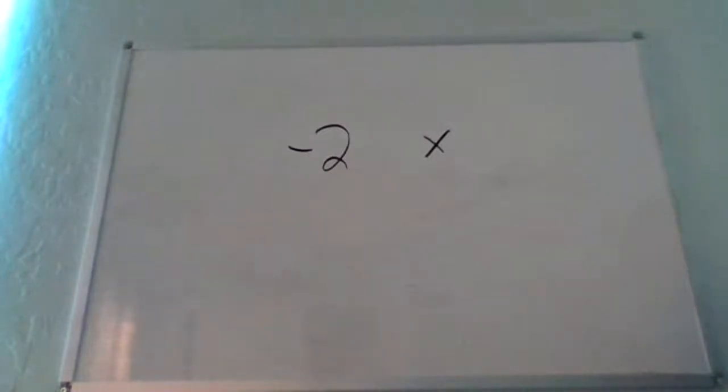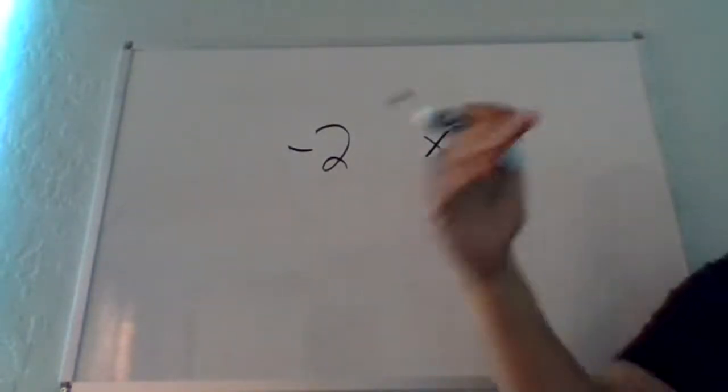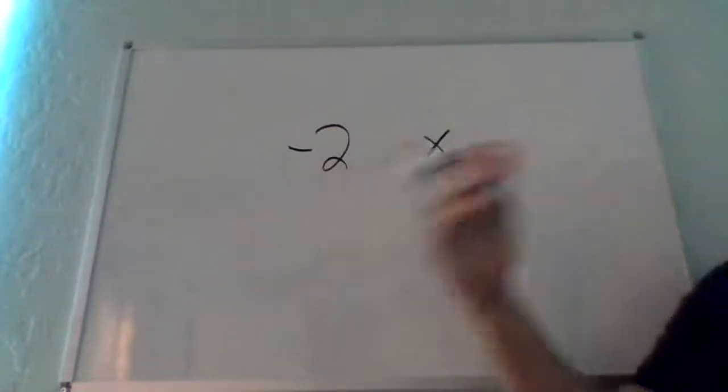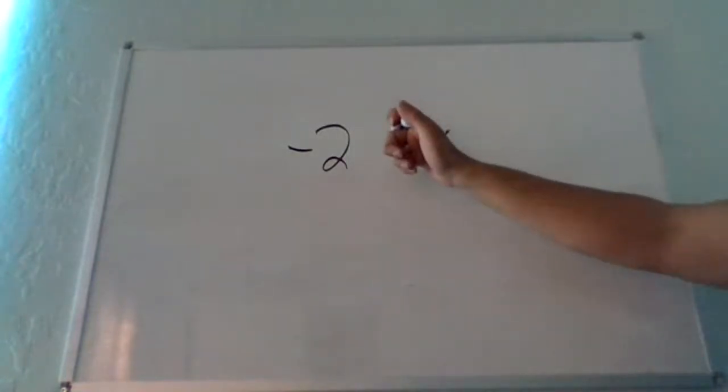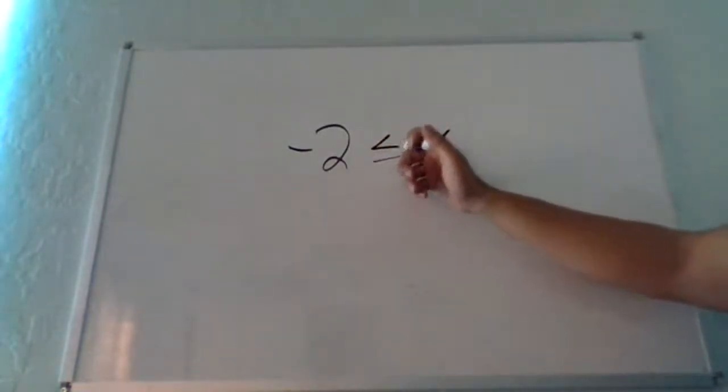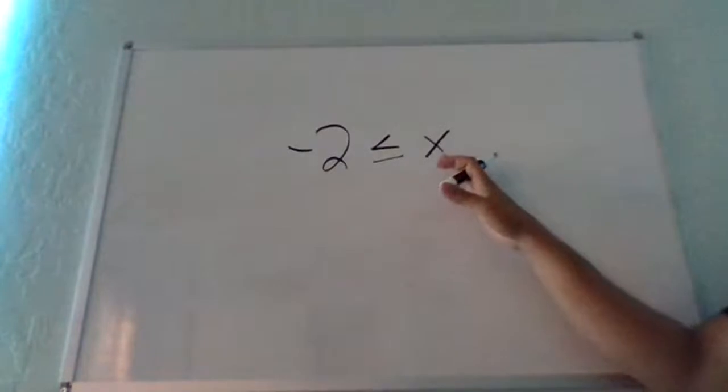On the left. But in relation to it, is negative 2 equal to x? Is it less than x? Is it greater than x? What is it? Negative 2 is less than or equal. Good. Negative 2 is less than or equal to x. Good. So we knocked out the negative 2.